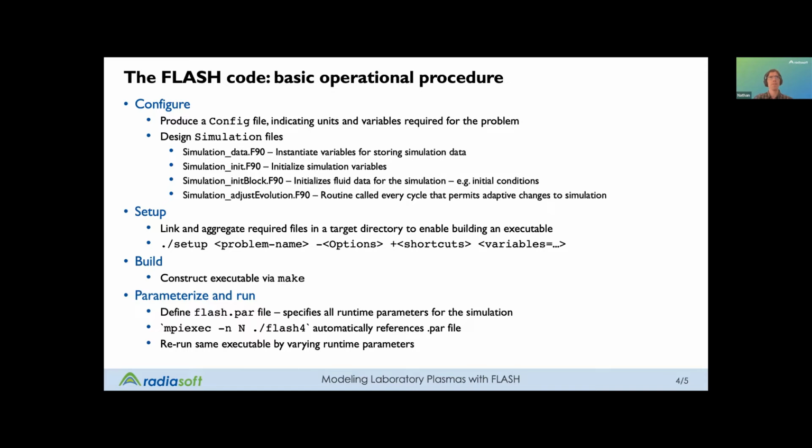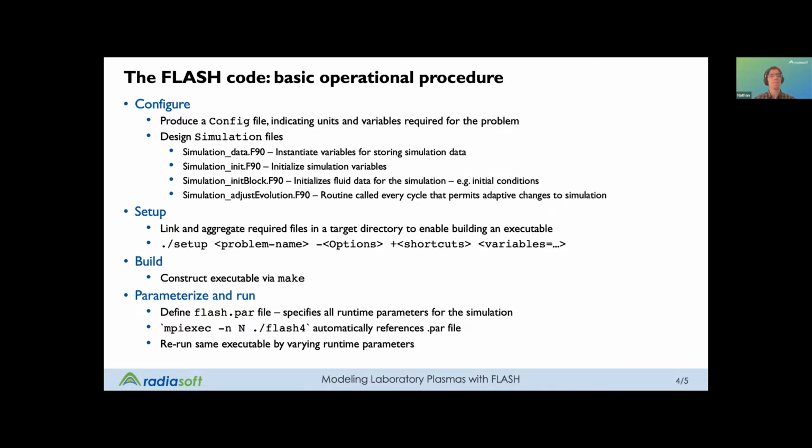And finally, there's also hooks through different routines to modify or adapt the simulation on an every cycle or dynamic basis that permits you to include adaptive changes to the simulation. So for example, you could change something about some threshold in the simulation that will cause some dynamic to undergo, perhaps once you've met a certain threshold in the simulation.